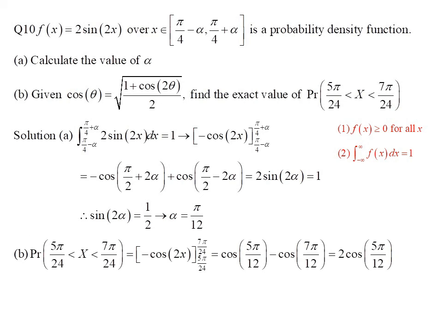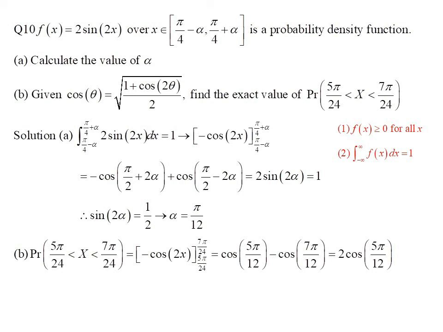To calculate the probability between 5 pi over 24 and 7 pi over 24, we have to use these two numbers as the lower and upper bounds to integrate f(x) and then simplify the expression to the form of 2 times cosine 5 pi over 12, which can be calculated using the given half-angle formula stated in question B earlier. You can try it later yourself.